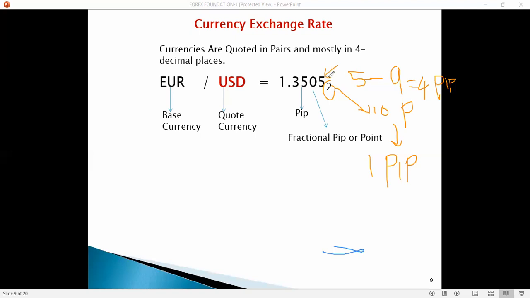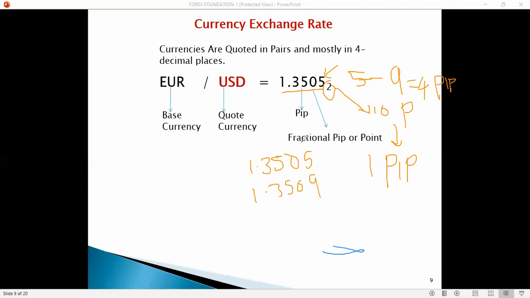Now, this one is going to move from 5 to 6, 6 to 7. Let's say you take a trade from 1.3505, and you close the trade at 1.3509.